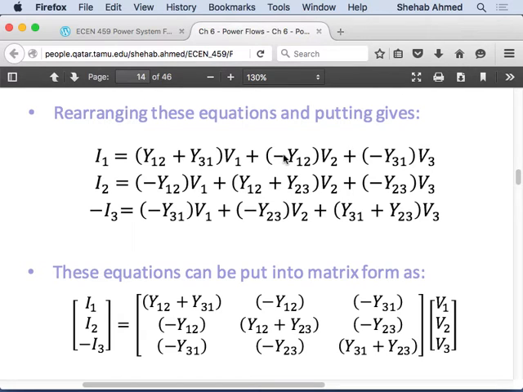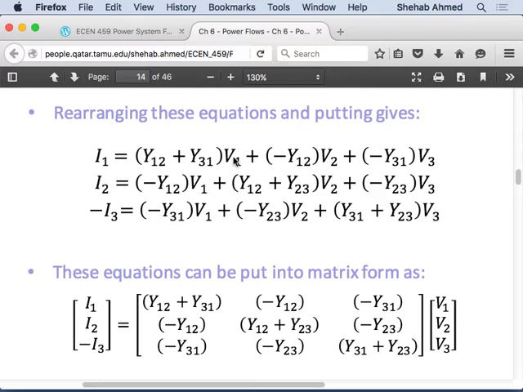So I can write this using a summation. Instead of this way, I can write this as a summation where I have something that represents admittance from the admittance matrix. So I1 is equal to a summation of Y_1n multiplied by Vn, for example, right?